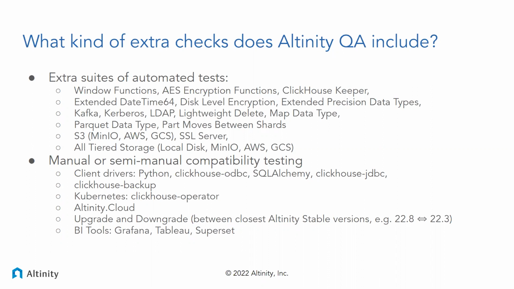They validate compatibility with the ClickHouse backup tool, the ClickHouse Operator, and the Altinity Cloud. They validate upgrade and downgrade procedures within the Altinity Cloud between the closest LTS stable versions, for example between 22.8 and 22.3. They also validate compatibility with various BI tools like Grafana, Tableau, and Superset.